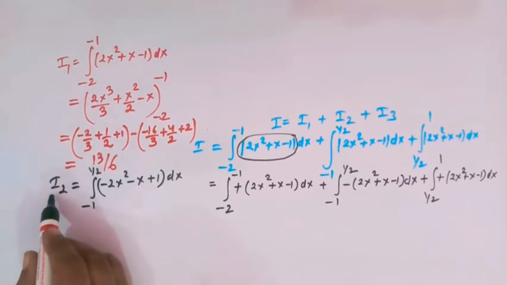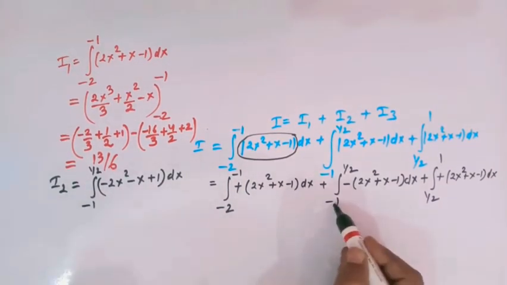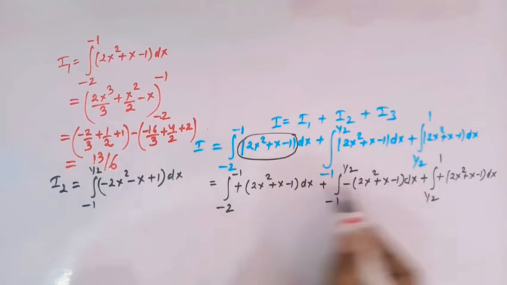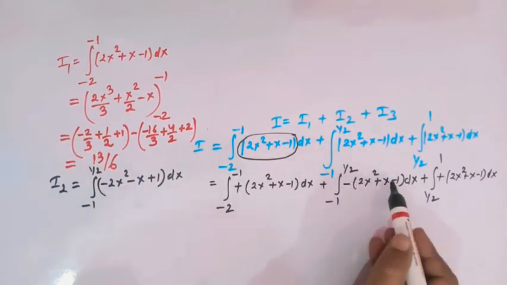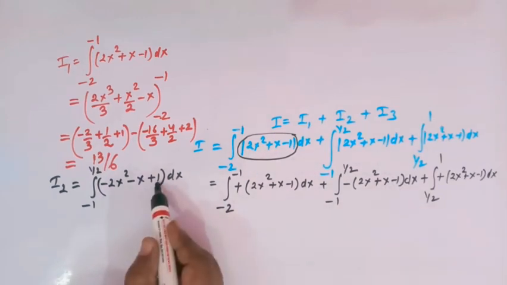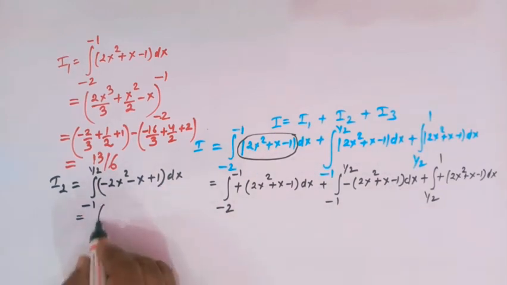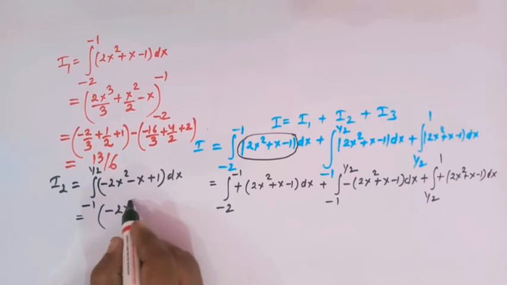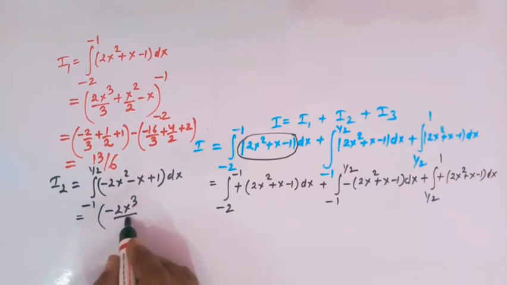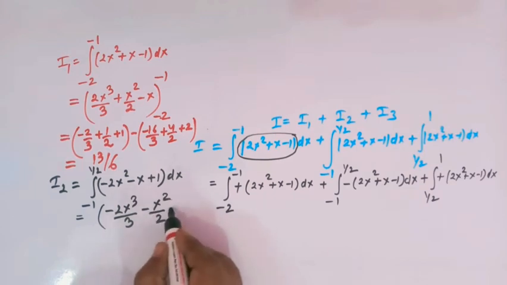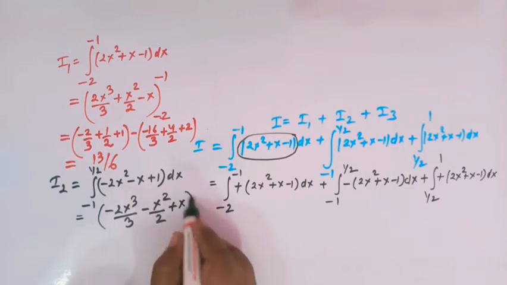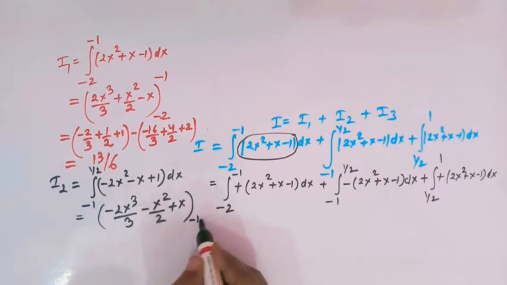So now I2 is from -1 to half, minus 2x square minus x, and minus minus is plus, so here we have plus 1, right? So now this is minus 2x cube over 3, then minus x square over 2 and plus x, and the limits are from -1 to half, right?